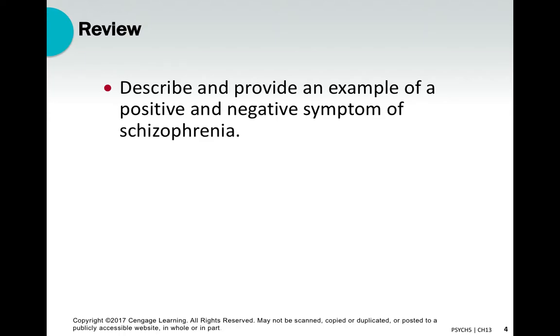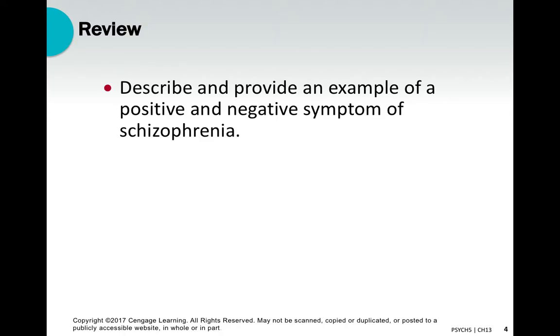Okay, welcome back. Positive symptoms are something that somebody has in addition to normal behaviors. They have abnormal behaviors or thought processes in addition to what somebody who doesn't have schizophrenia has. Negative symptoms would be that they're missing something that somebody without schizophrenia would have, and that typically refers to the way they think, the way they express emotions.